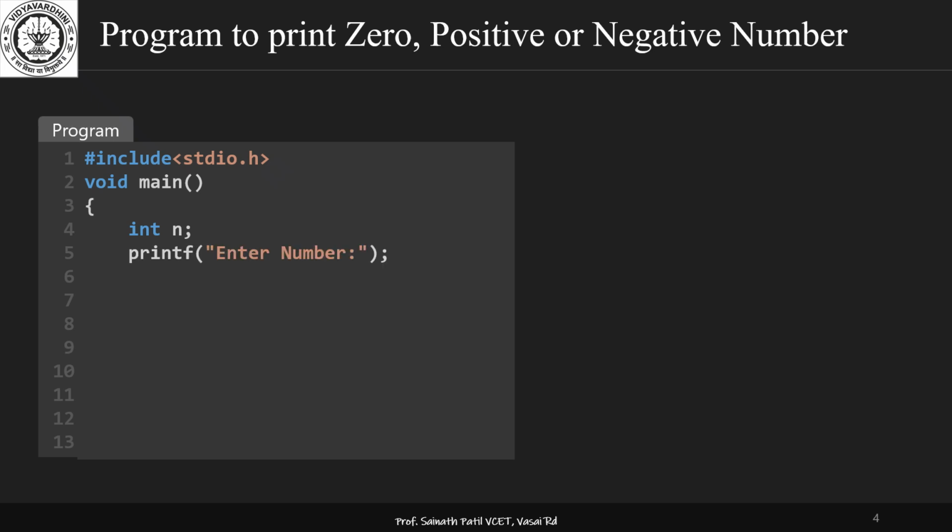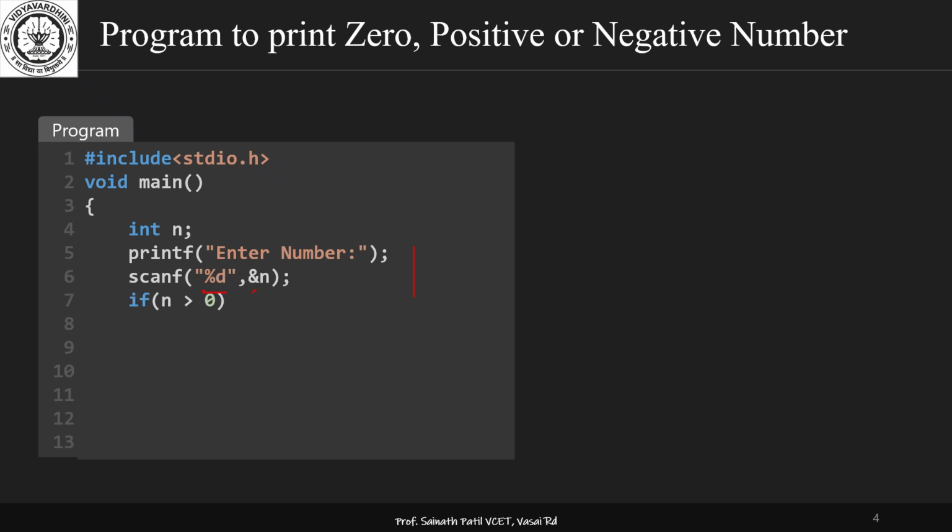Then printf in parentheses and in quotation "enter number", then scanf in parentheses and in quotation %d, that is the format specifier, comma, &n, and a semicolon. Using these two statements, we'll read the number n from the keyboard.